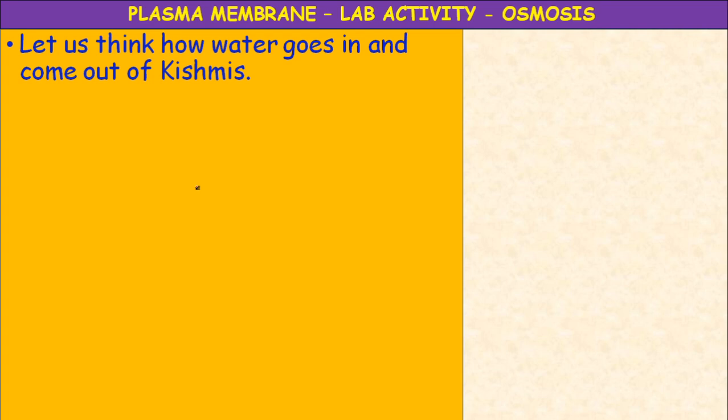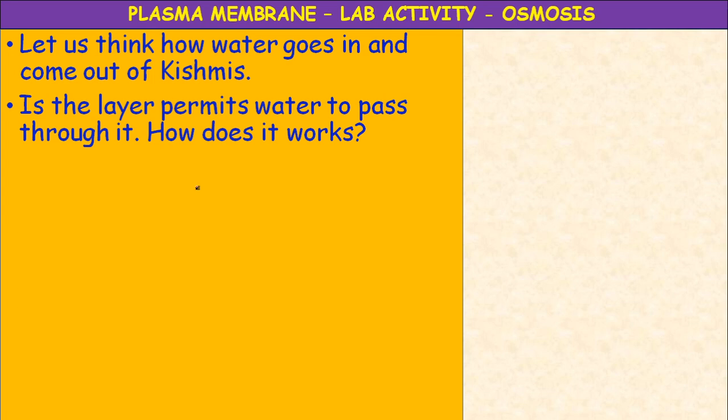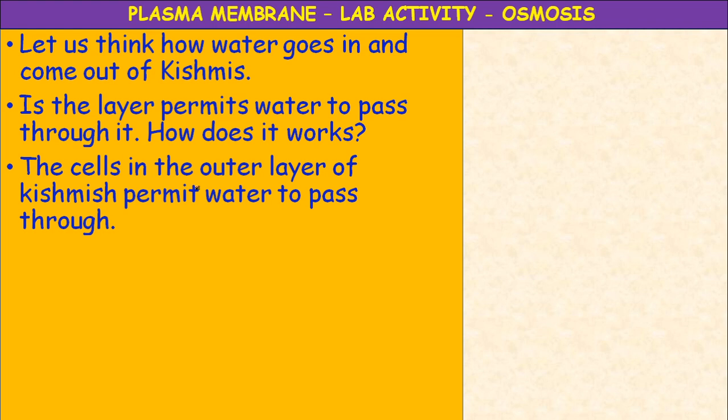Okay, so in order to understand that concept further, we are doing the experiments. The secret involved in those experiments is the layer that permits water to pass through it. How does it work? The cells in the outer layer of kishmish permit water to pass through.